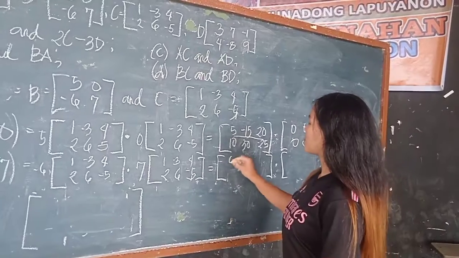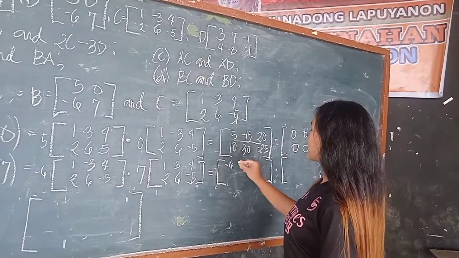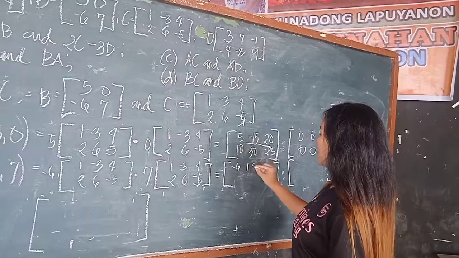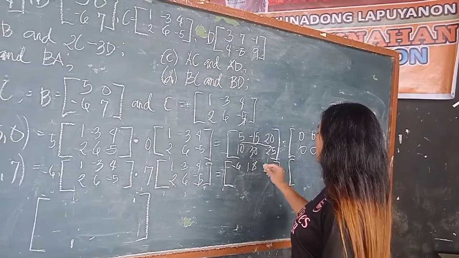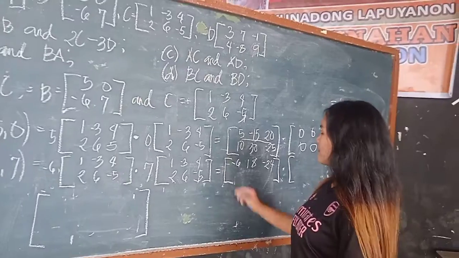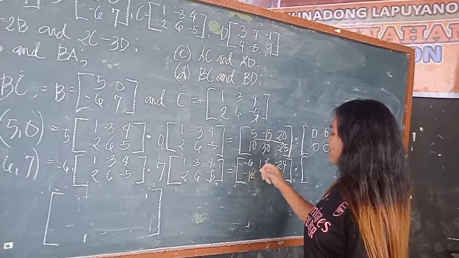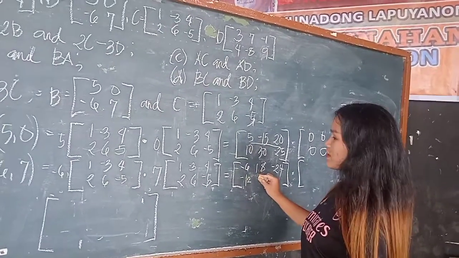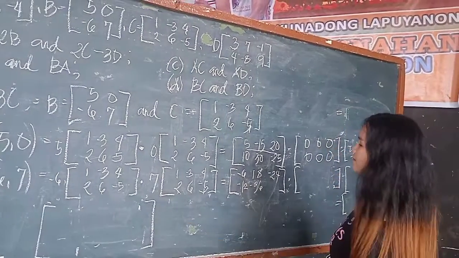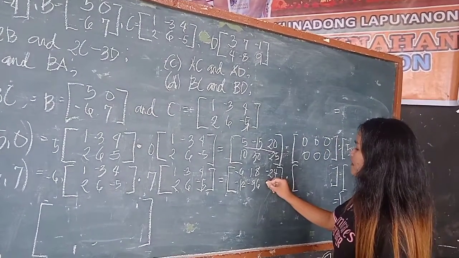Negative 6 times 1 equals negative 6. Negative 6 times negative 3 equals positive 18. And negative 6 times 4 equals negative 24. And negative 6 times 2 equals negative 12. Then negative 6 times 6 equals negative 36. And negative 5 times negative 6 equals positive 30.